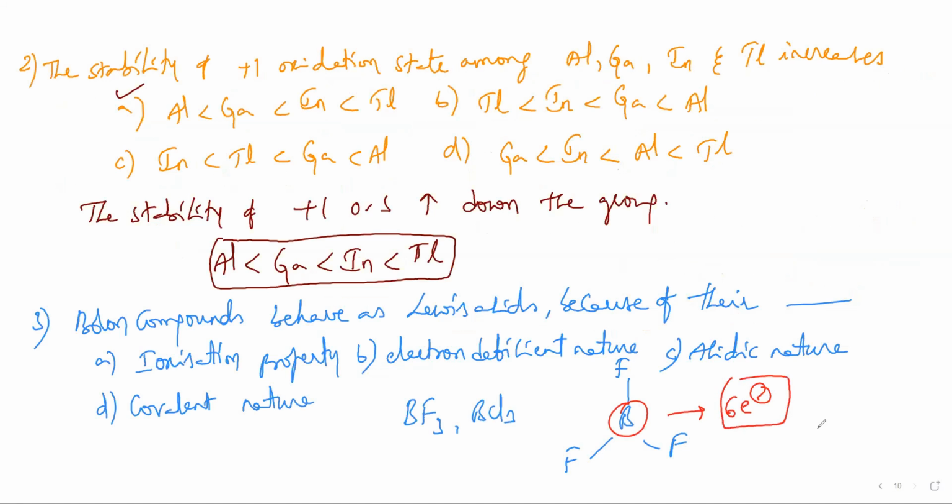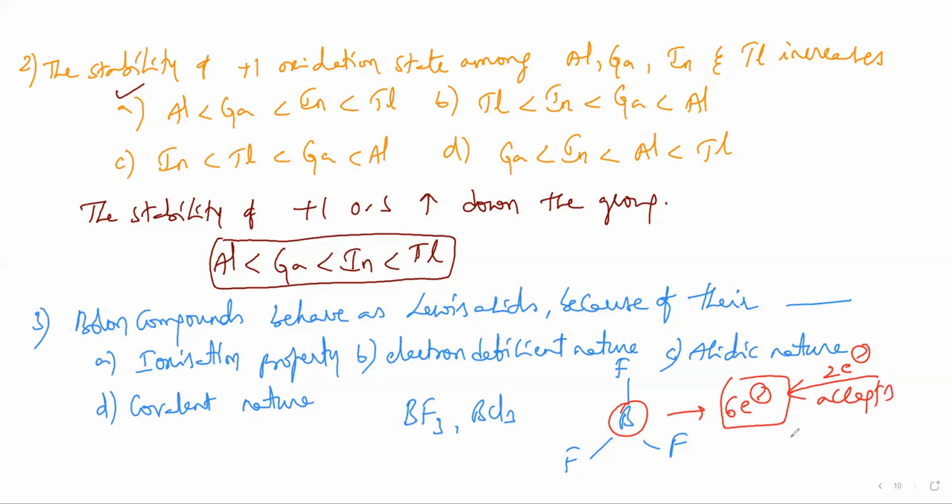Actually 8 electrons should be present because every atom or molecule should satisfy the octet configuration. But it is short of 2 electrons to get octet configuration, so it accepts 2 electrons.